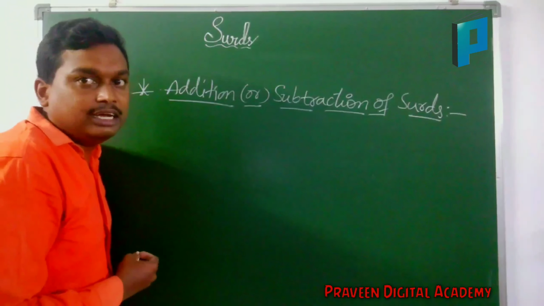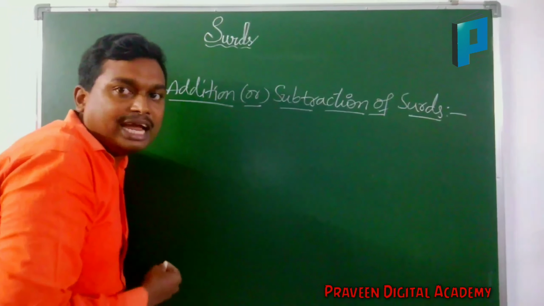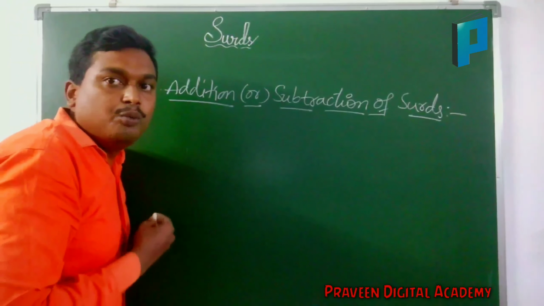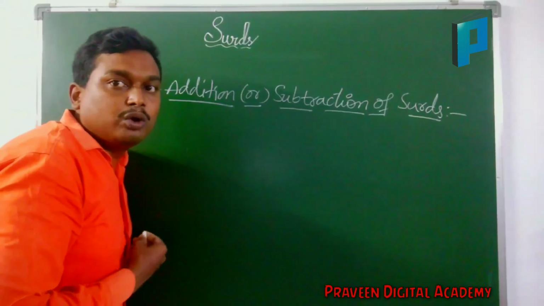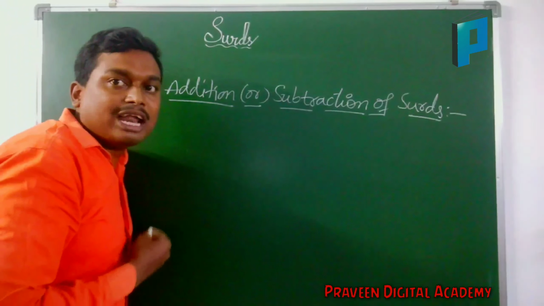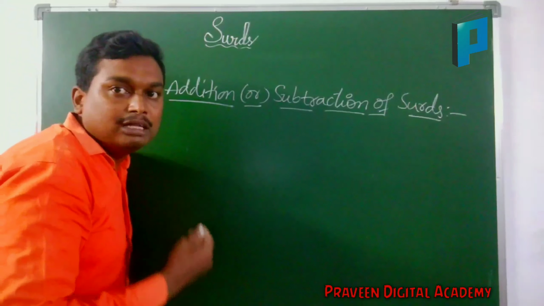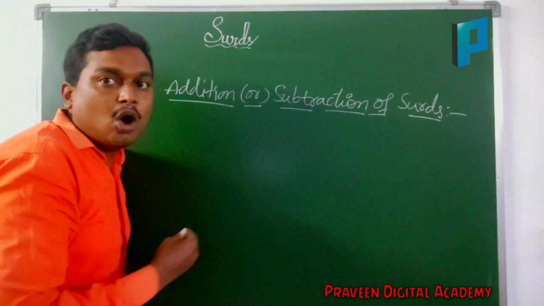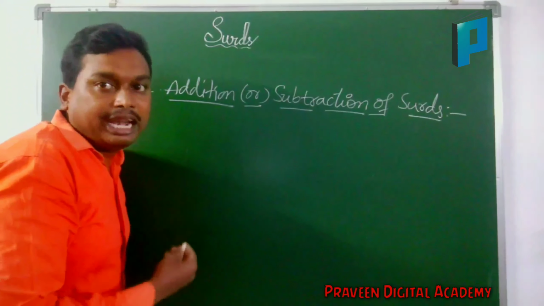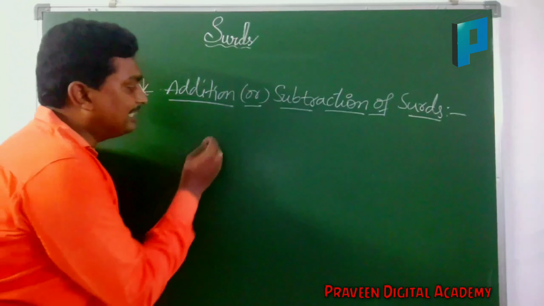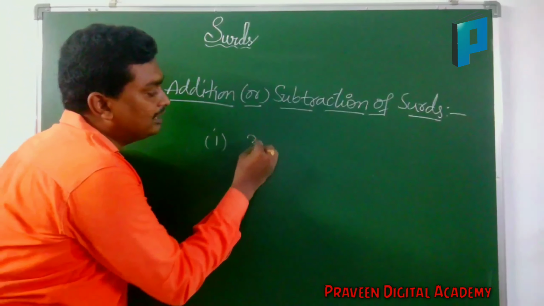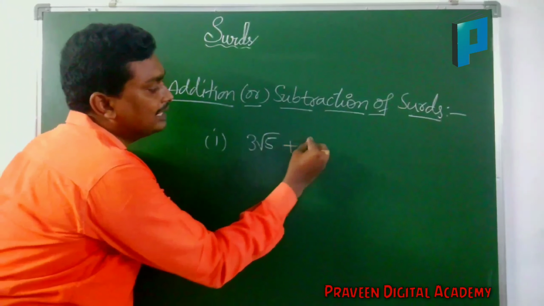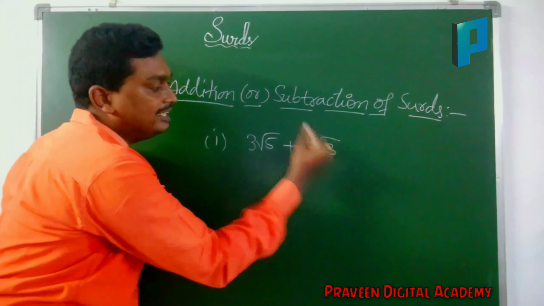To add or subtract surds, we should have the root value same. If you are having the root value same, then only we can add or subtract the rational factors. For example, if you are having 3 root 5 plus 5 root 3.